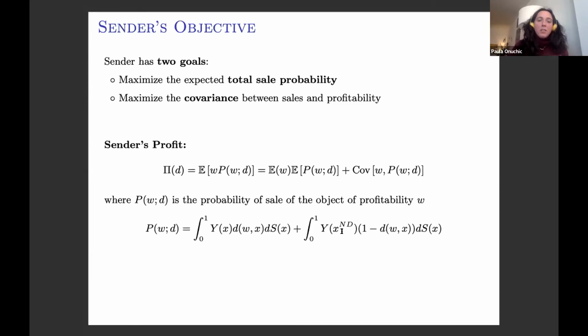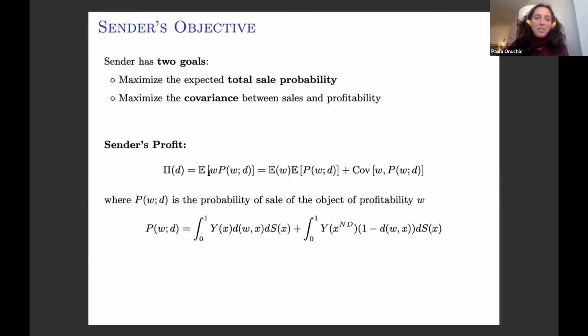Okay, so let's say that I chose this disclosure rule, and it implies a bunch of these probabilities of sale for each different profitability. What is the value to the sender? The value to the sender is exactly the expected value of the product between the profitability and the probability that the object is sold given its profitability.